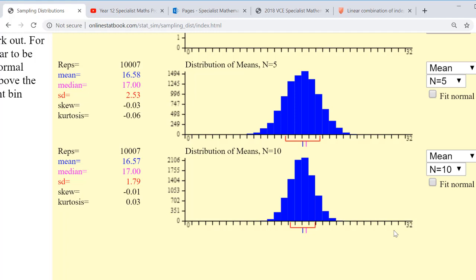And what do you notice about, for example, this skew and kurtosis? Probably not as much. I'm answering the question for you, but you should notice that it's more centralized around the mean.